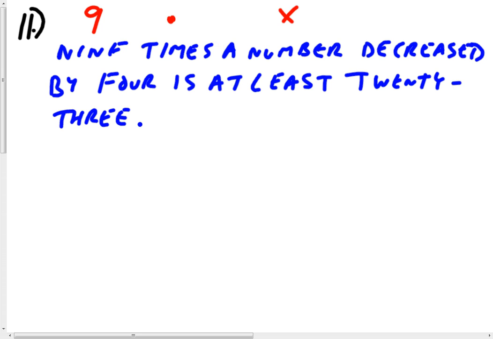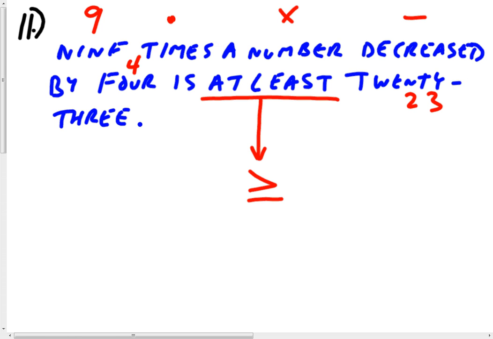X. Variable. Decreased by 4. Minus. Minus 4. What am I going to put for that? The sign was underneath. There you go. And then 23.